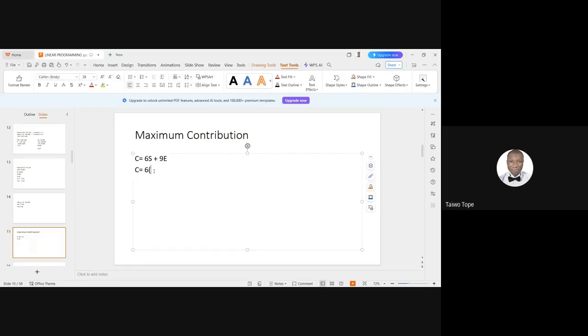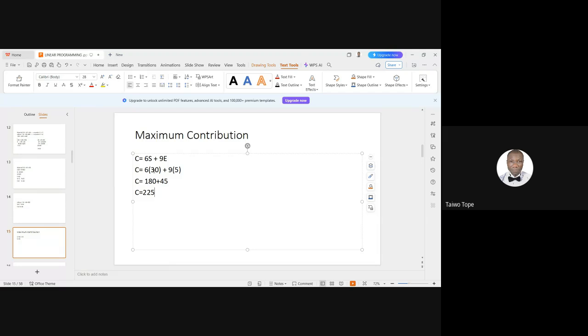The value of X is 30, plus what? Plus 9 multiplied by 5. So your contribution will now be what? 180 plus 45. And this will give us what? 225.